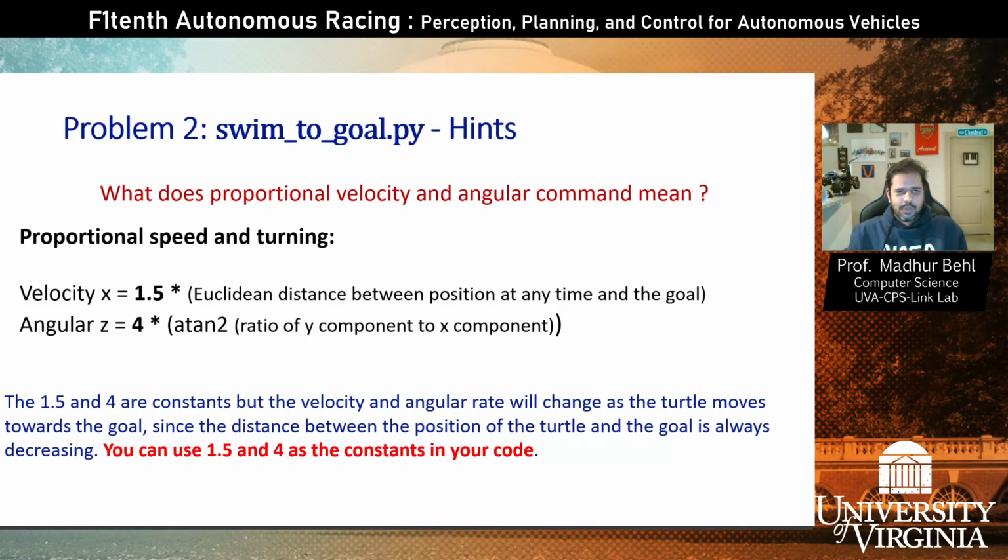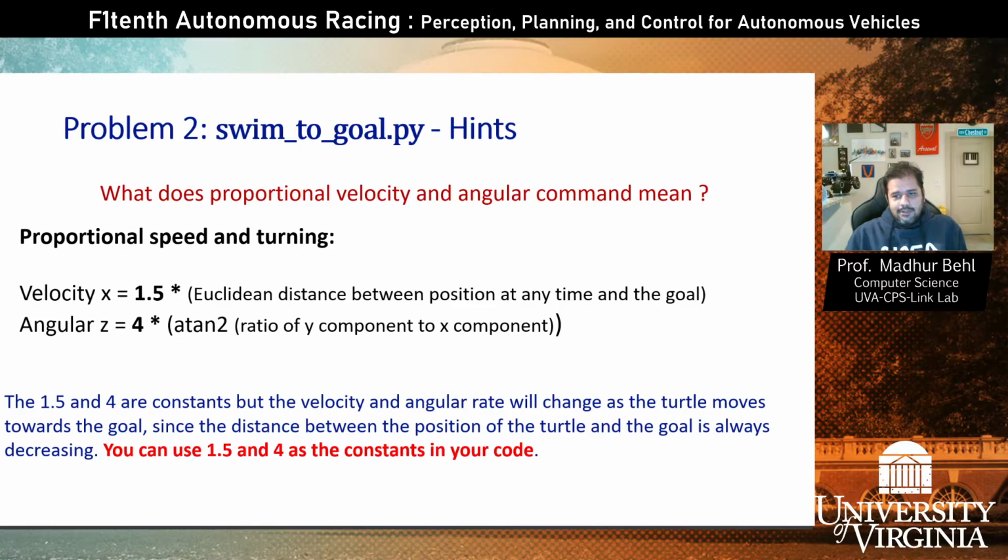Okay, so what does this proportionality mean? I'm giving you a few hints that you can literally use in your code. You can think of the x component of the velocity as some multiplier times the Euclidean distance between the position of the turtle at any time and the goal itself.